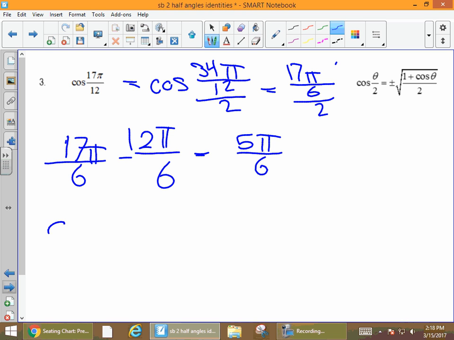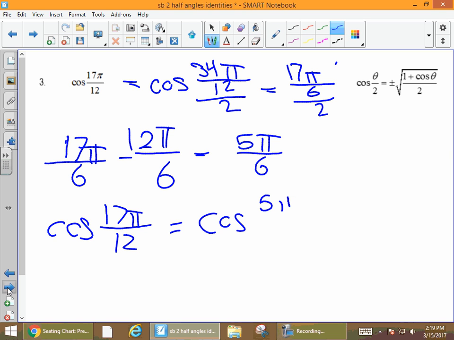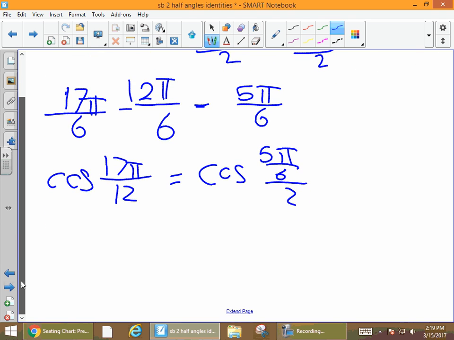So we know that the cosine of 17 pi over 12 is the same as the cosine of 5 pi over 6 divided by 2. So this works for coterminal angles as well. And now we can use our formula to answer this.